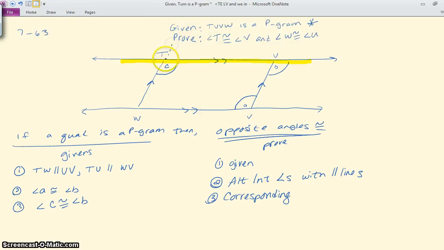So these lines actually continue on, and B and C should look familiar to you as corresponding angles created by parallel lines.